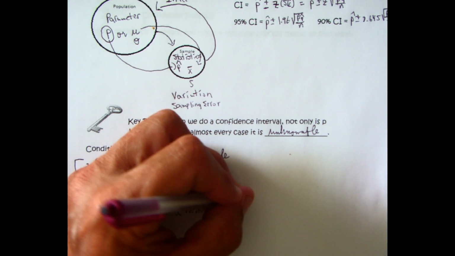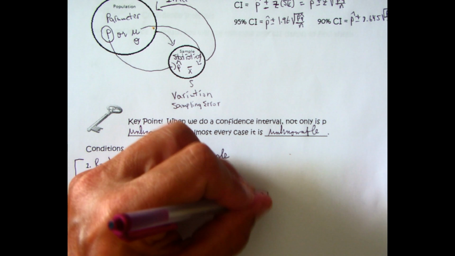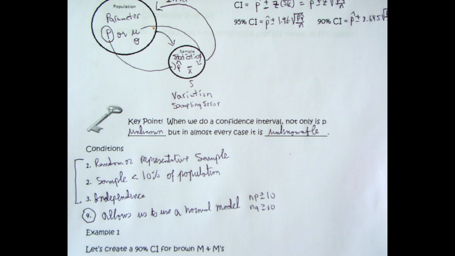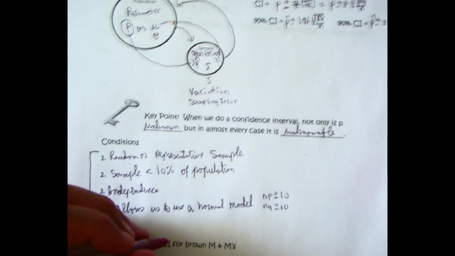It's that np is at least 10 and nq is at least 10. Well, hold on, Mr. O'Neill. You said that p is generally unknown and unknowable, so we're not going to have p and q most of the time. You're right, not unless we hypothesize it. So if we don't have p and q, we use the next best thing available, p hat and q hat.